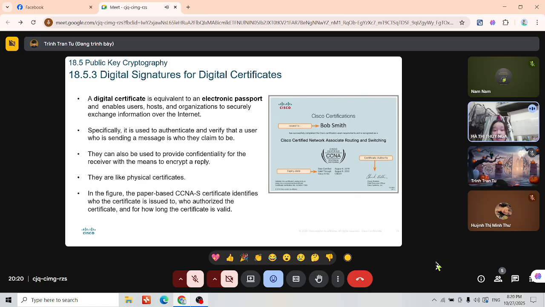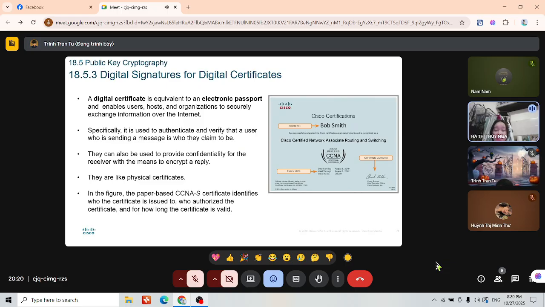It verifies the identity of a website, organization, or server. When you see a lock icon in your browser, it means the site has a valid SSL or TLS certificate. This proves the website is authentic and your connection is encrypted.